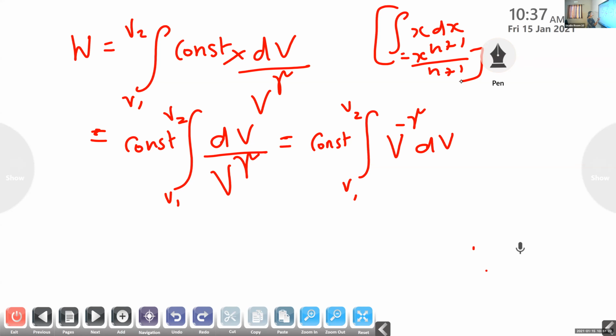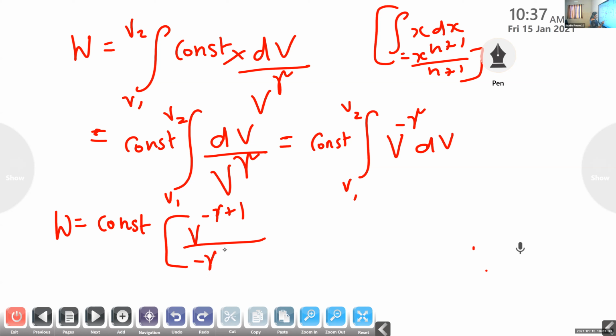After integrating, work done is equal to constant times V to the power of minus gamma plus 1 divided by minus gamma plus 1, within the limits lower limit V1, upper limit V2.